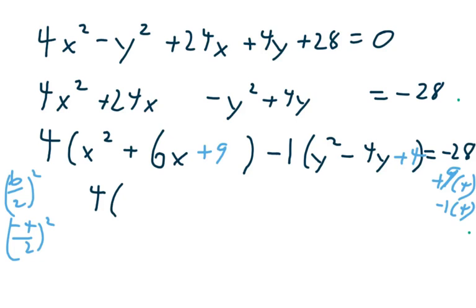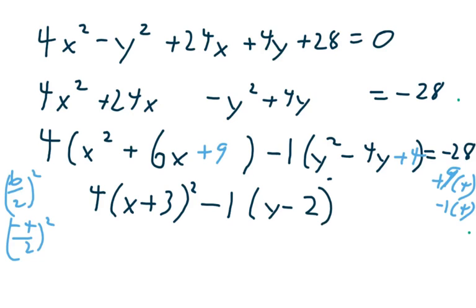So the factored form of x squared plus 6x plus 9 is x plus 3 squared, minus 1 times y minus 2, because -2 times -2 equals 4, and -2 minus 2 equals -4, equals 4.